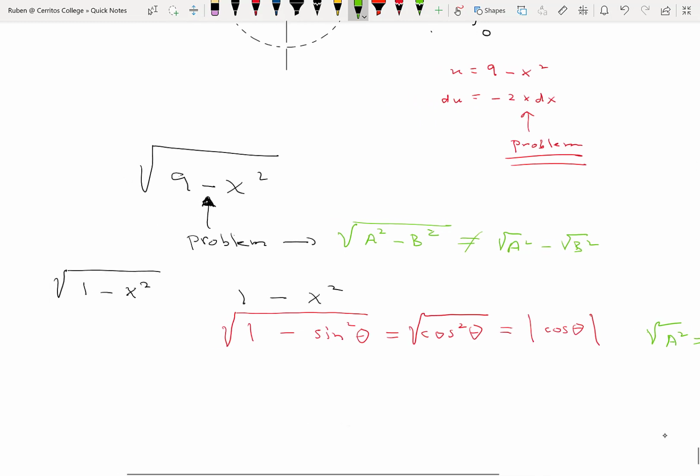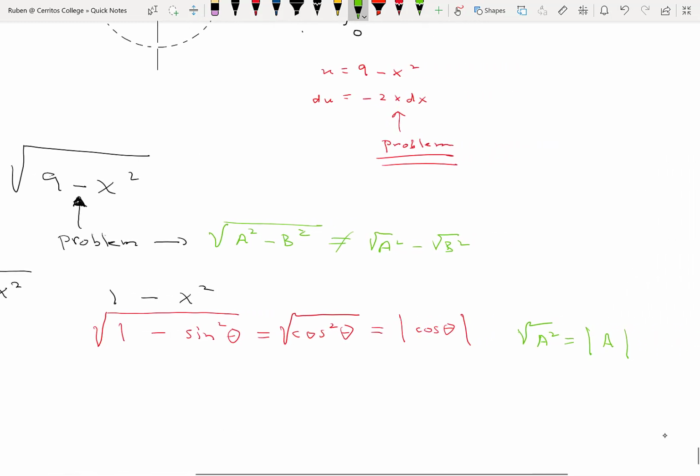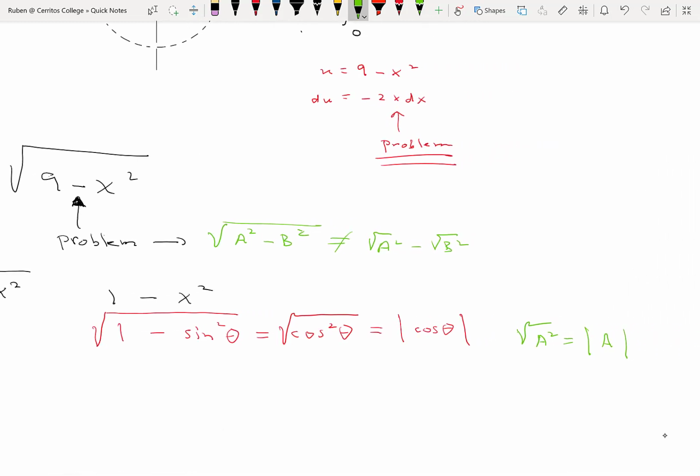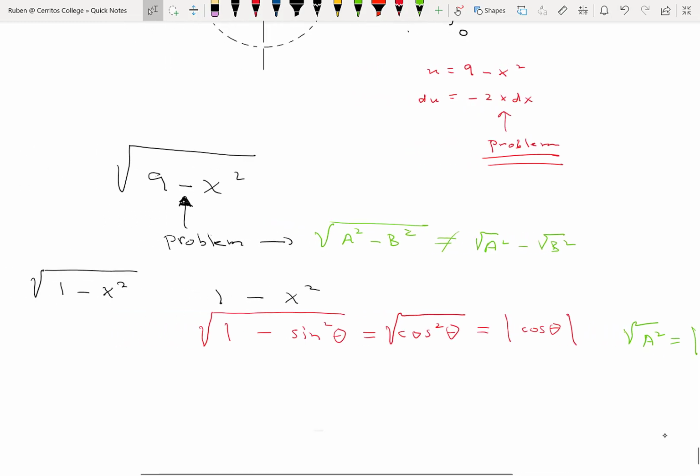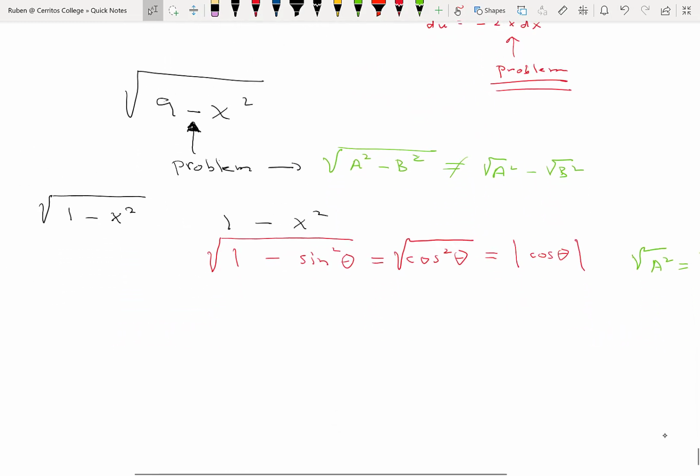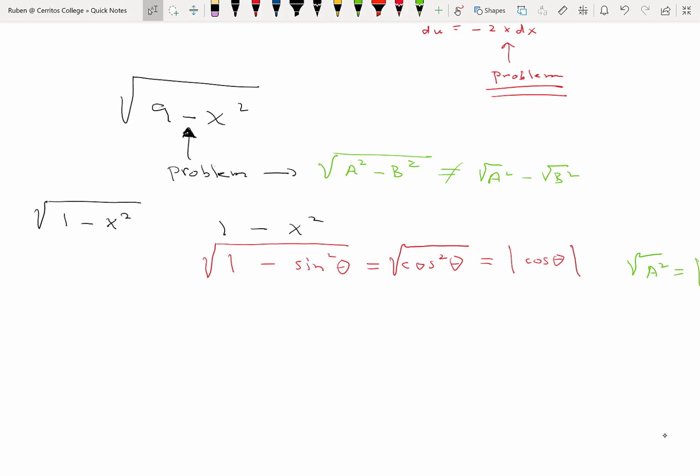Well, we're going to get around that problem. Our substitution is going to be such that when we get rid of the minus, we're not going to have to worry about the absolute value. I'll show you why in a few minutes; the absolute value will not be necessary.